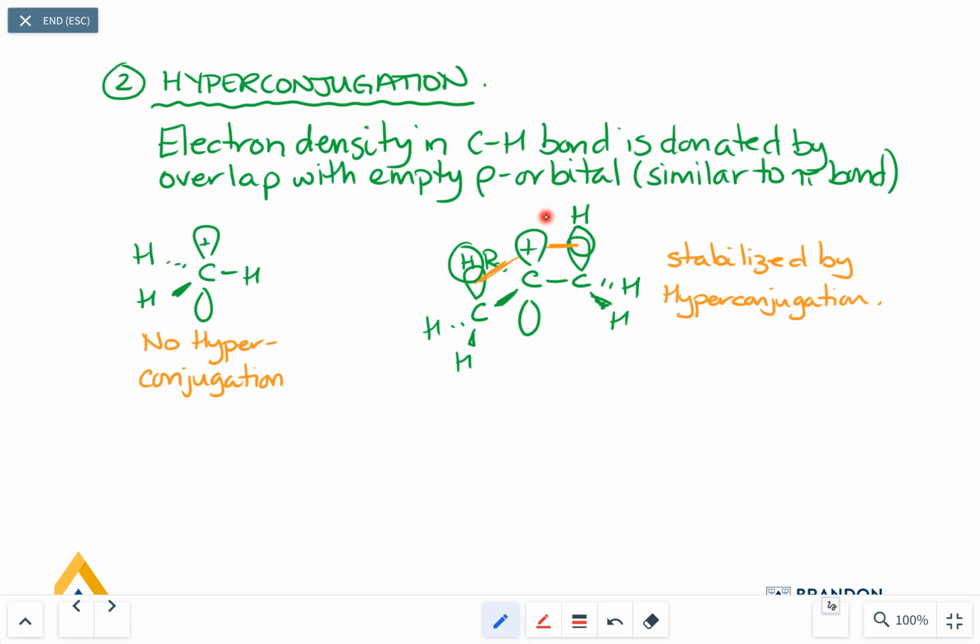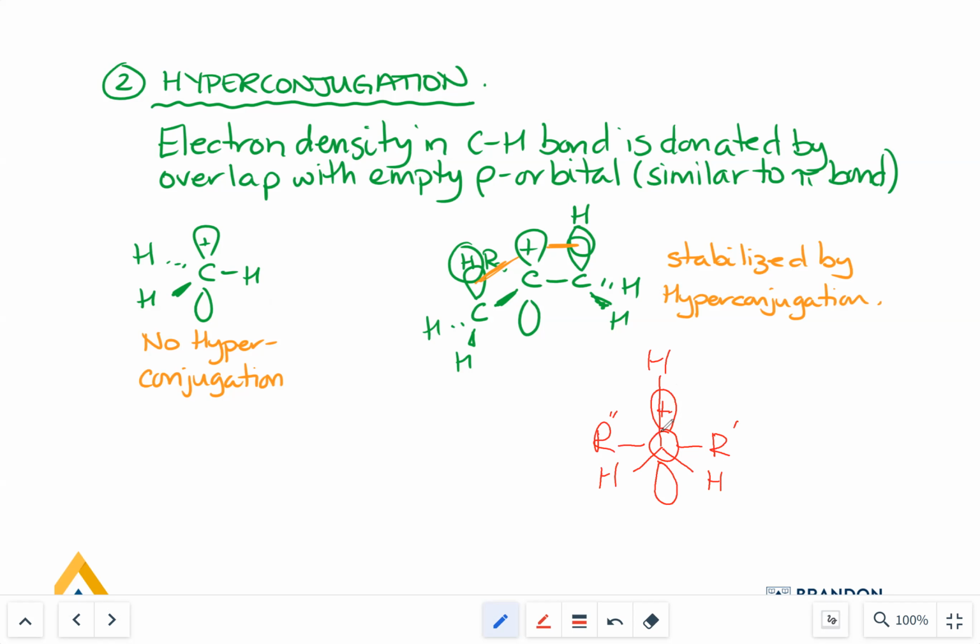So if we were to draw a Newman projection of this, so this will be trigonal planar. This back carbon here, and on the front carbon, there is going to be one H group that is going to be eclipsing this positive charge.